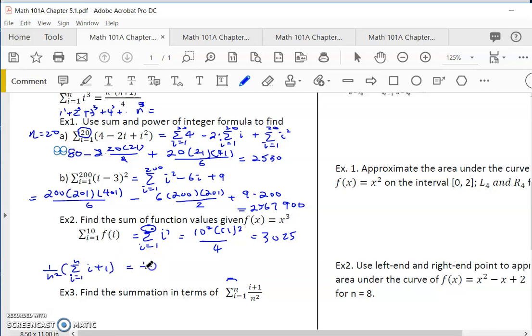So 1 over n squared, sigma i is n times n plus 1 over 2. It's just by coincidence that you have the same n plus 1. And sigma 1 is n, right? So then you can distribute it and simplify. So this is the summation in terms of n. When you add those rectangles together, these are useful.